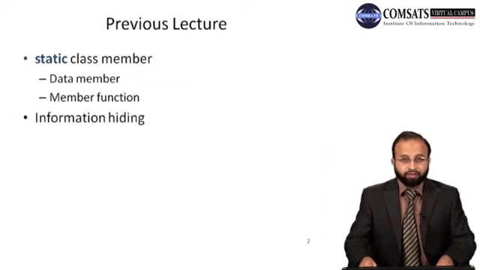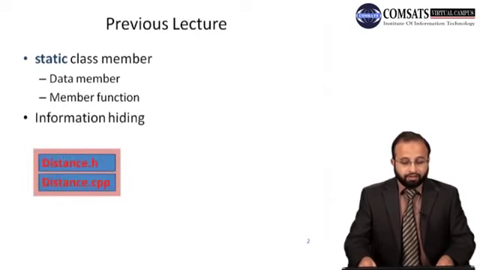Then we have seen the information hiding concept in detail, and we have made a library to show that concept. Let me demonstrate this concept a little bit with the help of a diagram. In this library we have a header file, distance.h, and a .cpp file, distance.cpp. The header file contains the definition of the class and the prototype of the member functions of that distance class, right?